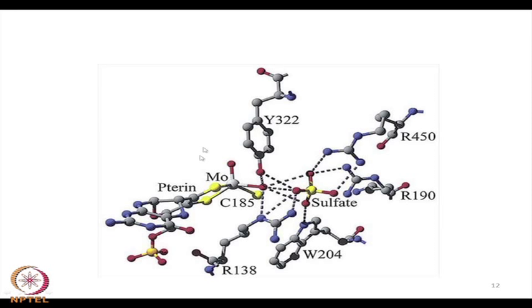This system is very easy to crystallize, and I can identify the molybdenum center as well as the sulfate very nicely. We are studying so much about anion recognition, and here the anion produced through the oxidation of sulfite is being trapped within the molecule itself. So, the molybdenum center is there and the sulfate that is formed is getting trapped. Okay. Thank you.